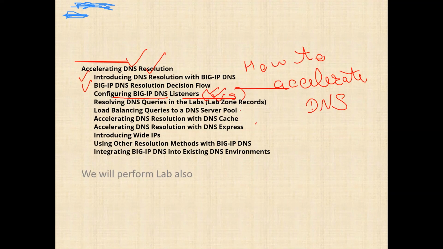Then we will cover resource records and how to resolve a DNS query. So we will cover first accelerating DNS resolution, then intelligent. We will cover what is a wide IP, how we can resolve using BIG-IP DNS, and how to integrate your BIG-IP DNS into the existing platform.